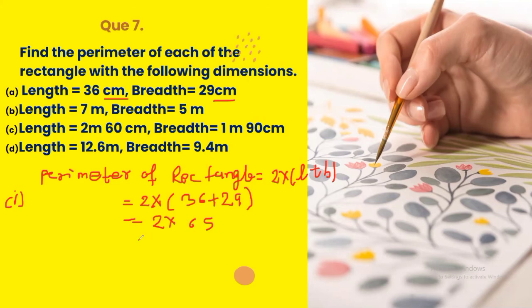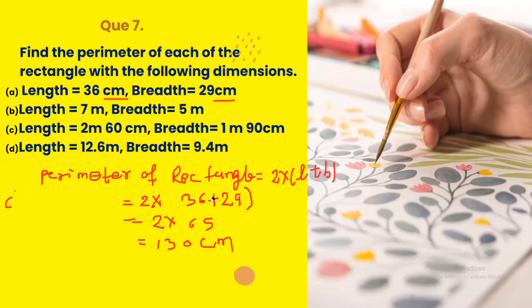This is 65. Now multiply: 2 5s are 10, 1 carry, 2 6s are 12, 13. So 130 centimeter. This is the perimeter of the rectangle whose length and breadth are given. Got it? So this was the first question.